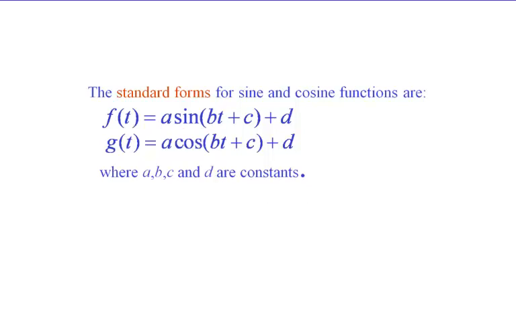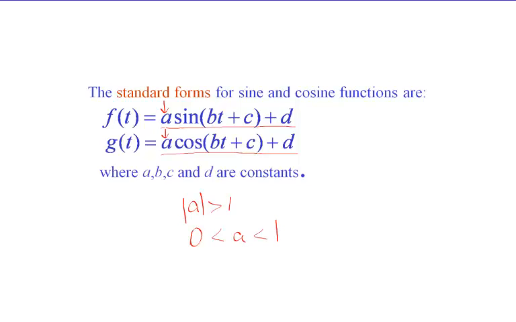So here are the standard forms for sine and cosine. A, the amplitude, affects the range. It makes our highs higher, our lows lower, or it makes our highs not quite as high and our lows not quite as low. It depends on whether A is greater than 1 or A lies between 0 and 1.